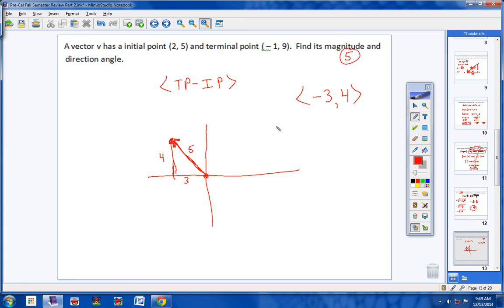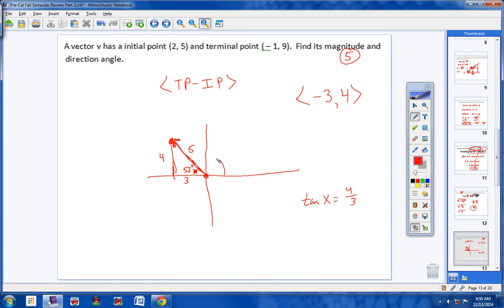The direction angle is always the angle from here to the hypotenuse. So all I have to do is find this angle here, x, and I can find the angle from here to here. So I'm going to use tangent. Tangent of x equals opposite over adjacent, 4 over 3. Inverse tangent, I'm getting 53.1, so I'm just going to put 53 degrees.